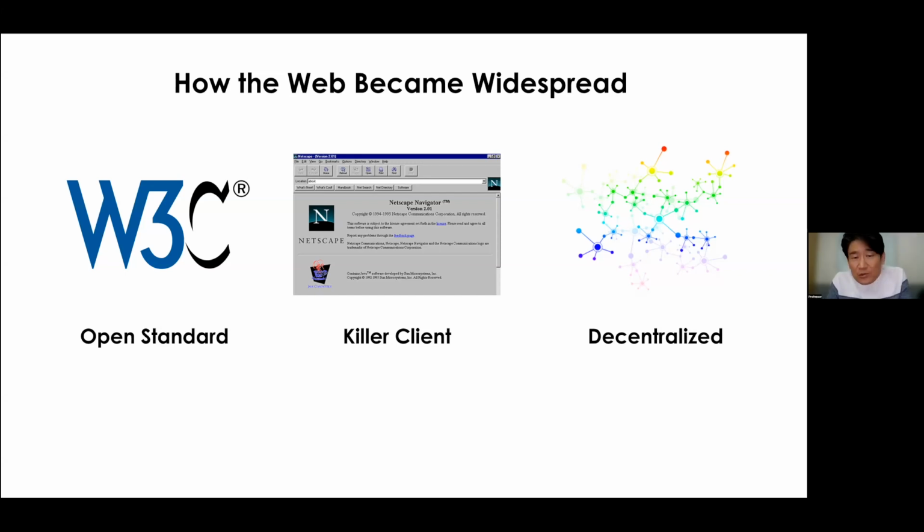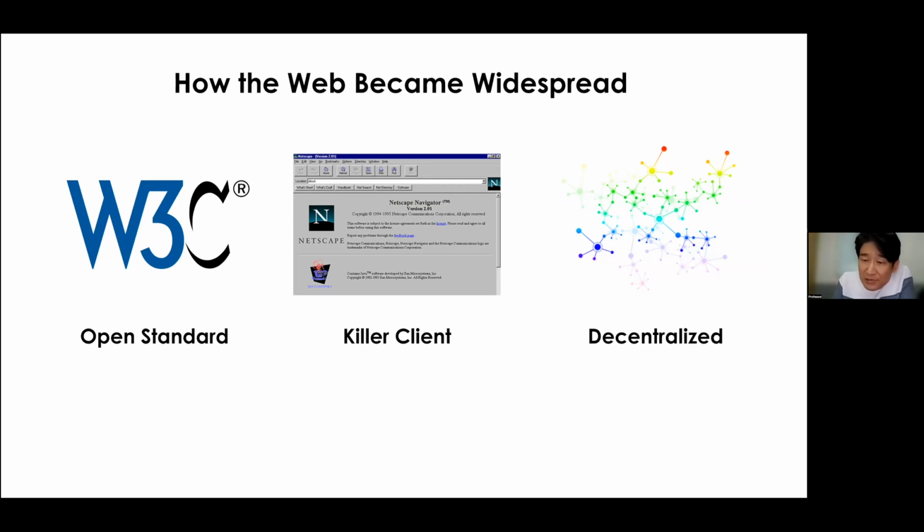Okay, how did the web become widespread? The first reason is it is an open standard, and W3C made this standard and enhanced this standard. And the second reason is there was a killer client, the web browser. Actually, Mosaic was the first web browser, and then Netscape was the most successful web browser. So anyone can access the web very easily with Netscape.